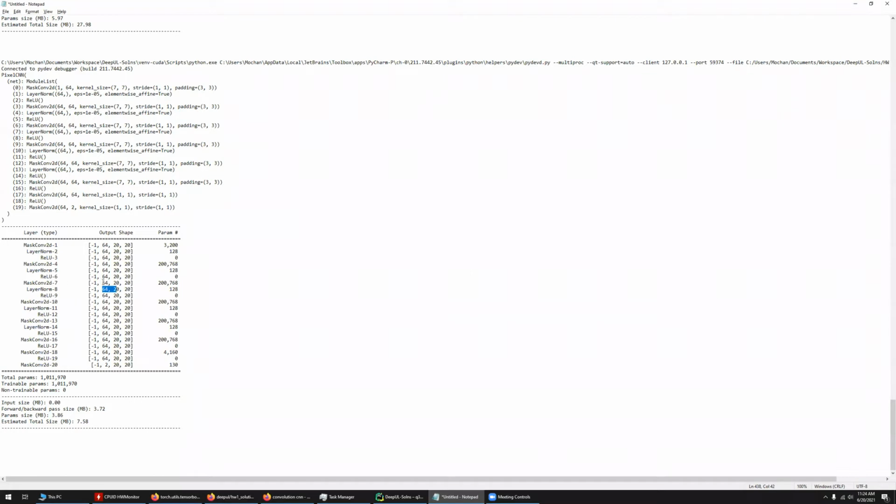So going from this 64 by 20 by 20 to 64 by 20 by 20, they have 64 by 64 different masks of size 7 by 7, but they're all the same here. So in this one, they're all the same. Only in problem 3, this will come up that we could use different masks.